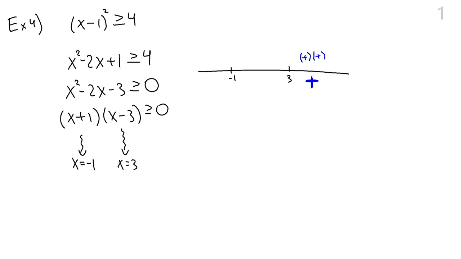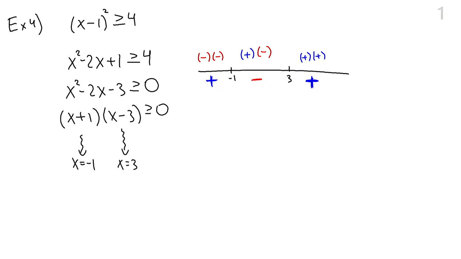Anything that is between negative 1 and 3, x plus 1 is still going to be positive, whereas the factor x minus 3 is negative because we're less than 3. And a positive times a negative will give us a negative. If we're below negative 1, then both factors are negative, thus giving us a positive number.